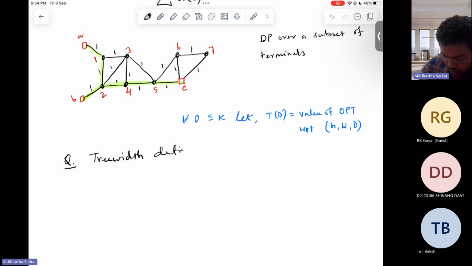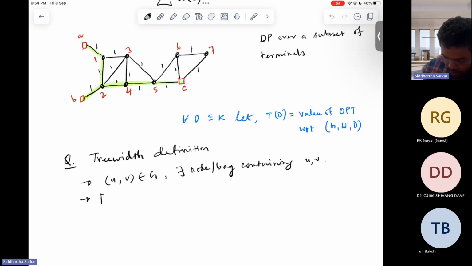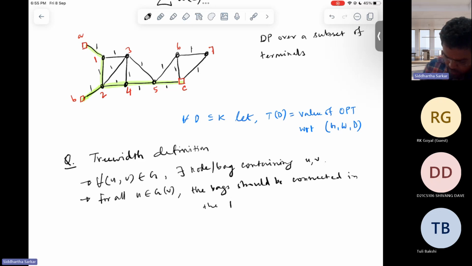The way it was defined, for every edge UV in the graph, there should exist a node or bag containing both U and V. And for every vertex U in the graph, the bags containing it should be connected in the tree decomposition. So this was the definition.